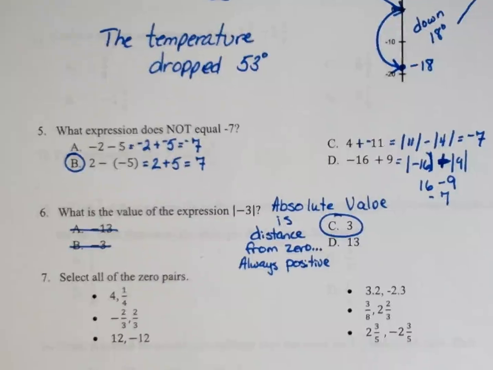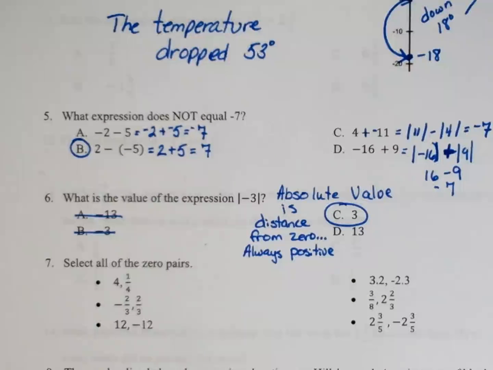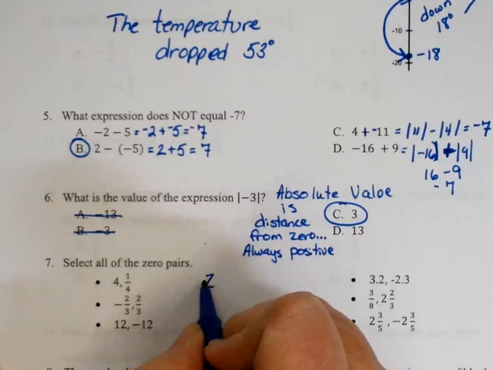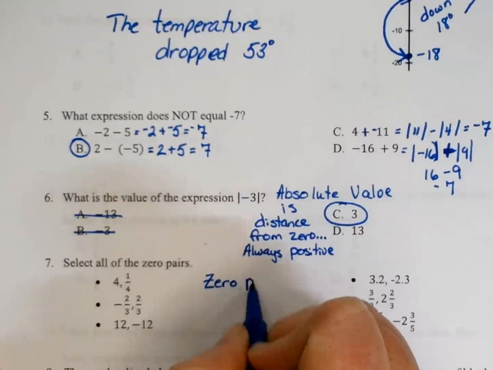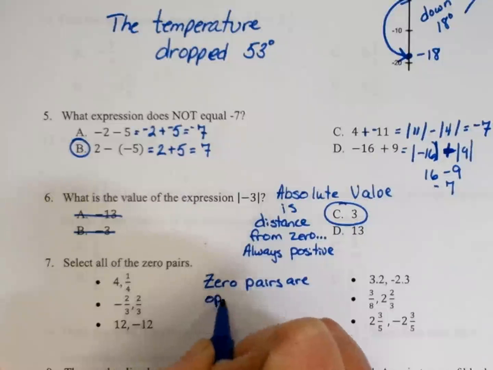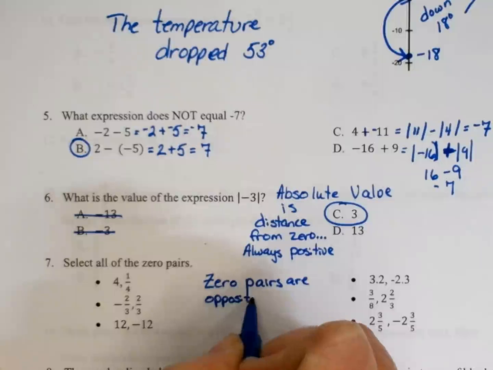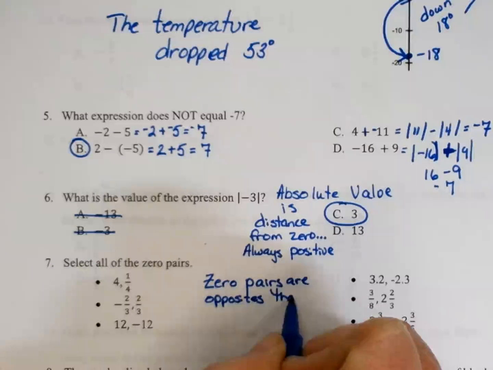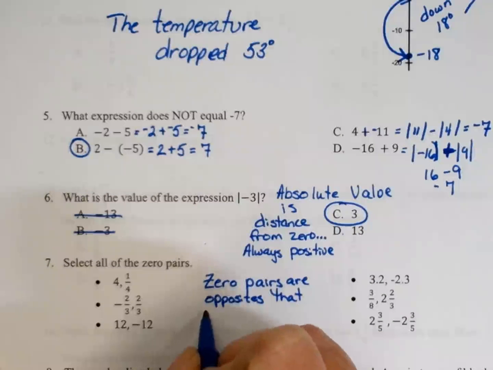Okay? Number 7, zero pairs. Do we remember what a zero pair is? Zero pairs are opposites that when added equal 0.